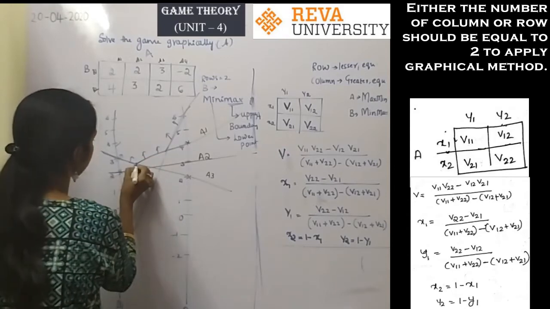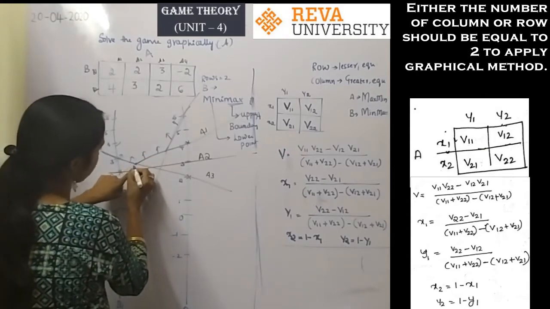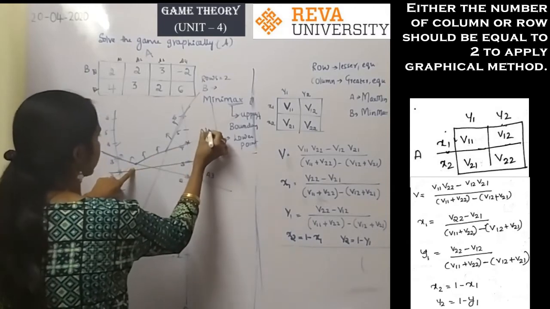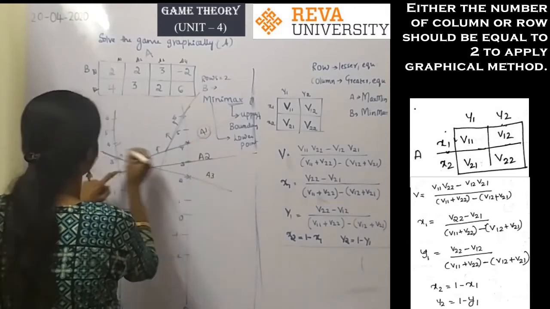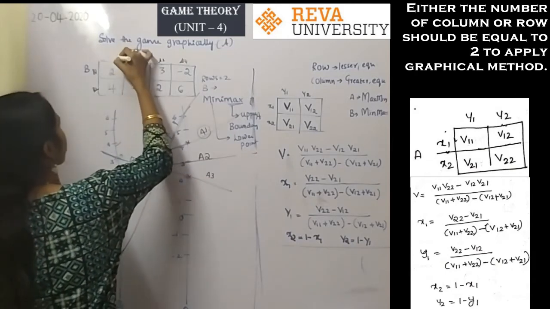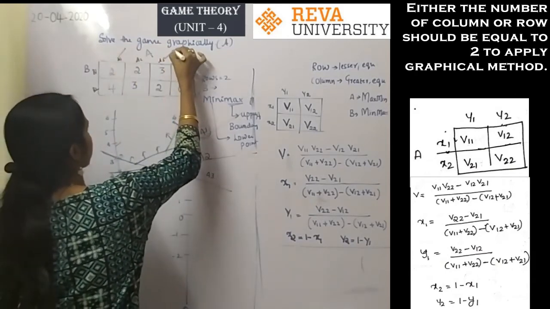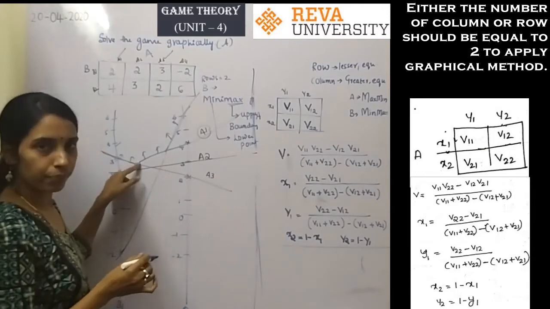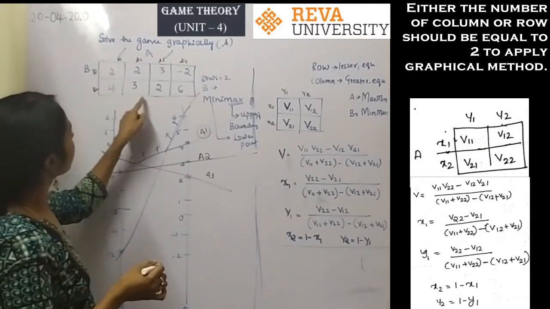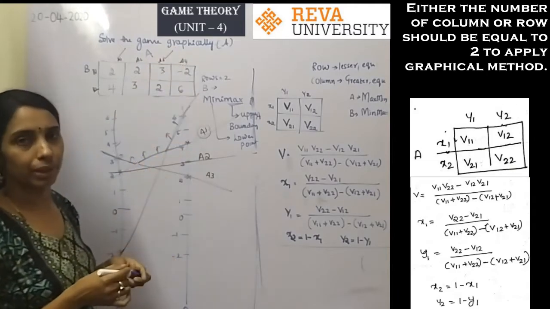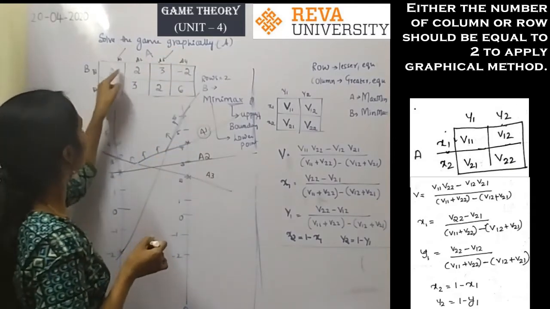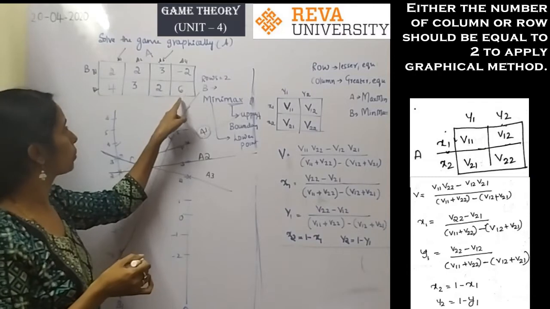How did you get this point? You got this point from the intersection of A1 and A3. So, retain A1 and A3 and leave the remaining rows, so that we will get a 2 cross 2 matrix.